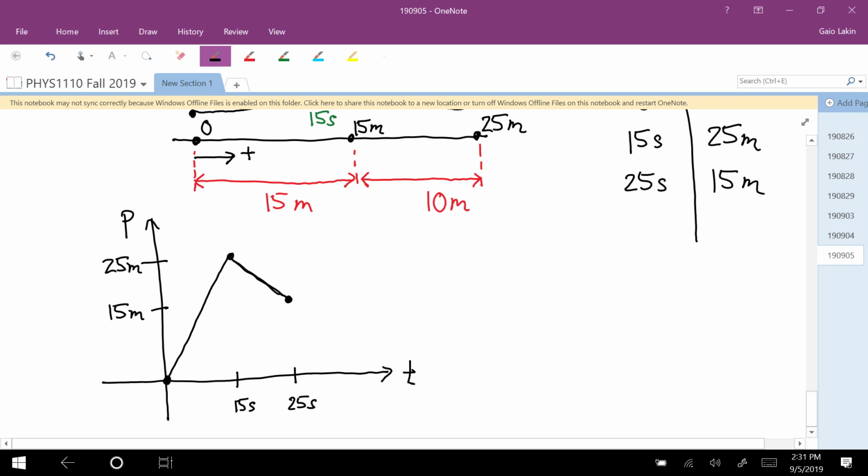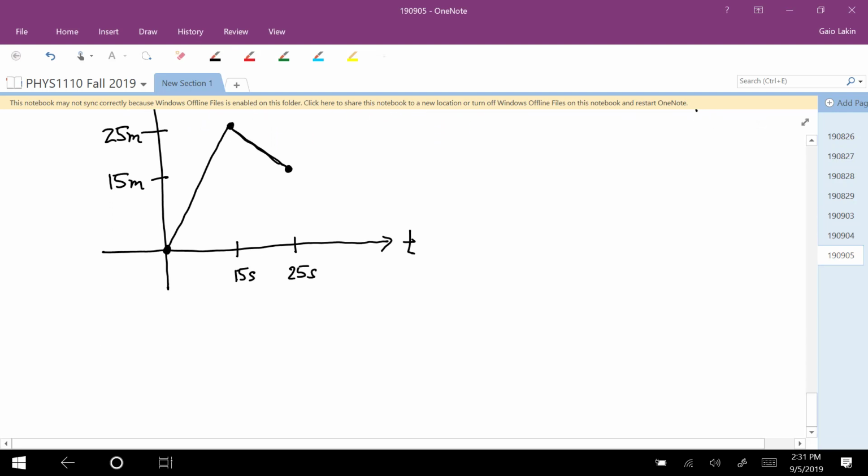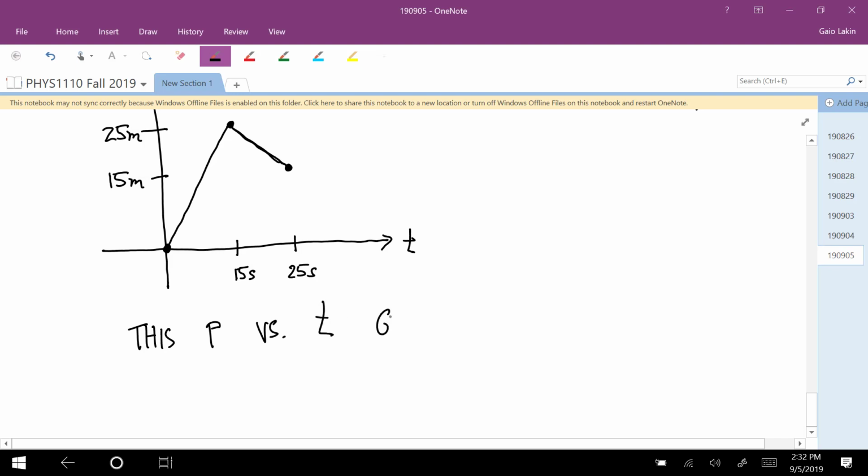Go on this graph to 10 seconds, go up to the position, and you're like, okay, somewhere around the fire hydrant. This position versus time graph shows position as a function of time.